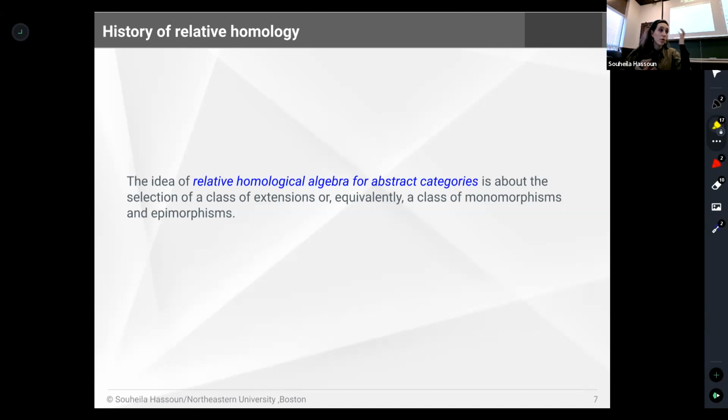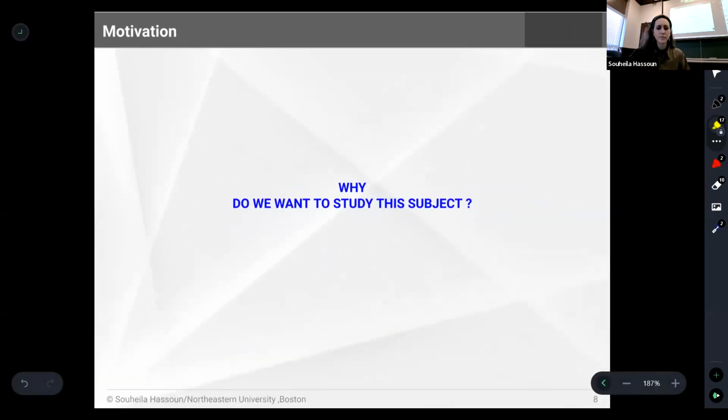So we don't look at the exact category as embedded in an abelian category using a functor, but in a different, more explicit way, by choosing a class of monomorphisms and epimorphisms that behave well. So that's the idea, because there are different ways to look at an exact structure on an additive category.